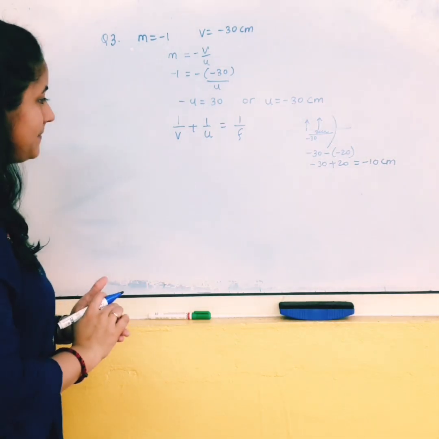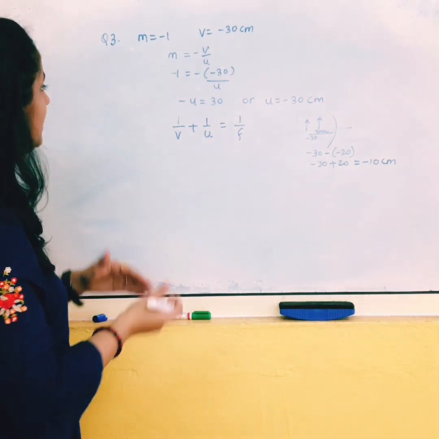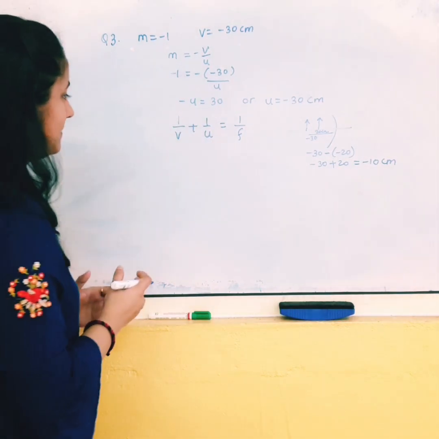So next distance, object distance is -10 centimeter, and you are supposed to find where the image is formed in this case. Okay, so to find that you need focal length.